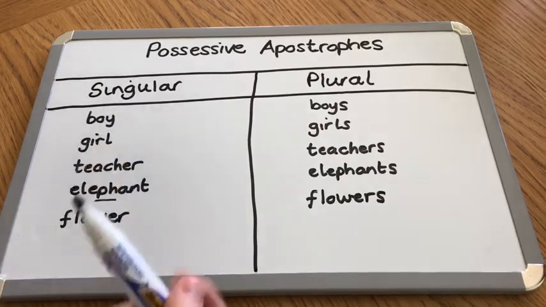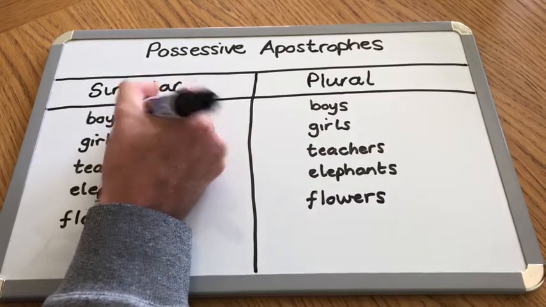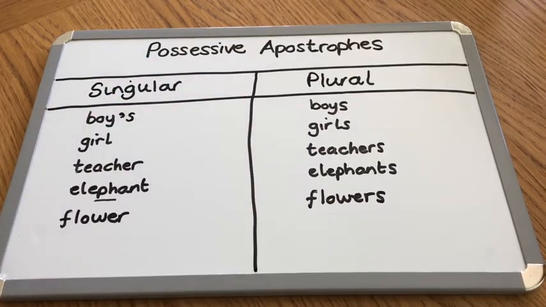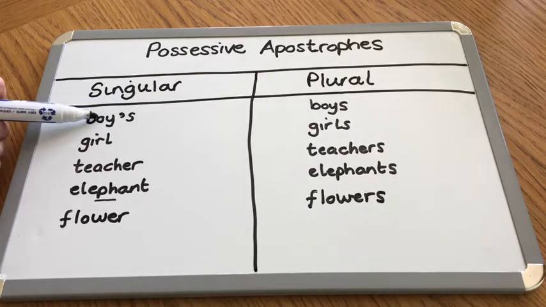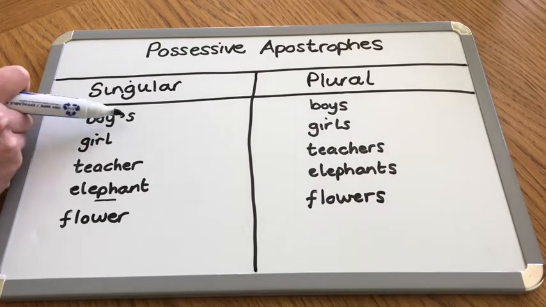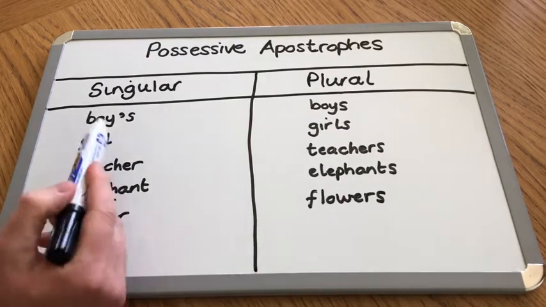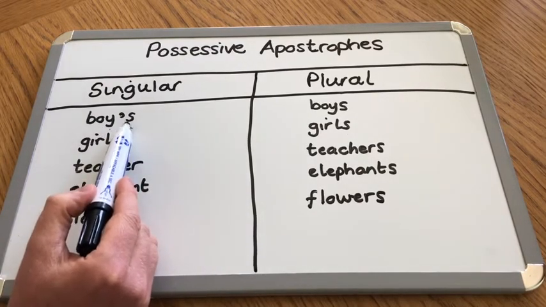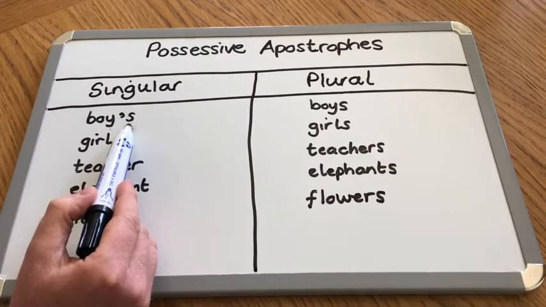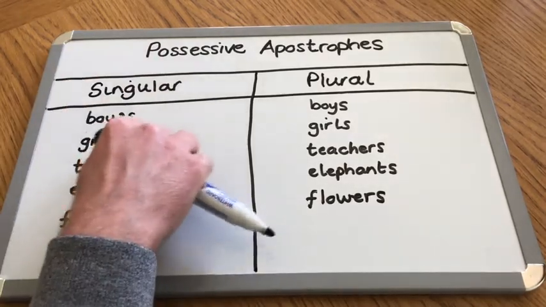The rule with the apostrophe is to add apostrophe S. And remember, an apostrophe is a comma that floats at the same height as short letters, like the O and the S. So now this word still means one boy, but he owns or possesses something. That's missing because we haven't written the sentence yet.